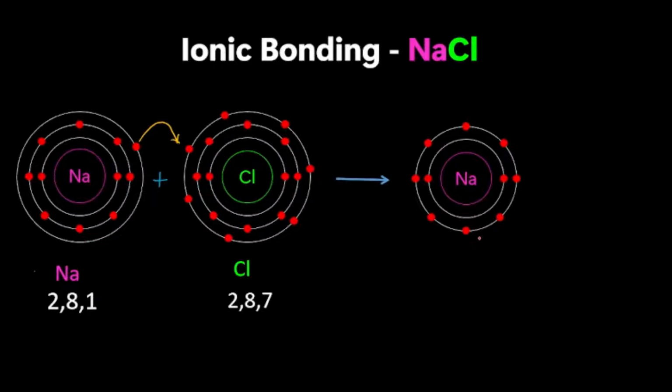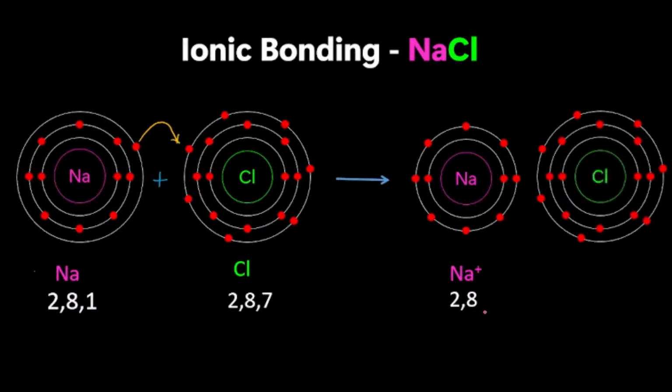So it becomes a positively charged ion, that is Na+ ion with electronic configuration 2,8, a stable electronic configuration. And chlorine has now 18 electrons and 17 protons. So it becomes a negatively charged ion, that is Cl- ion with electronic configuration 2,8,8, the stable electronic configuration.